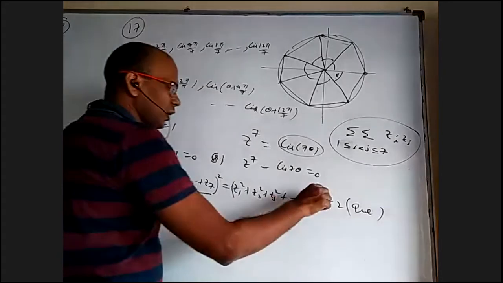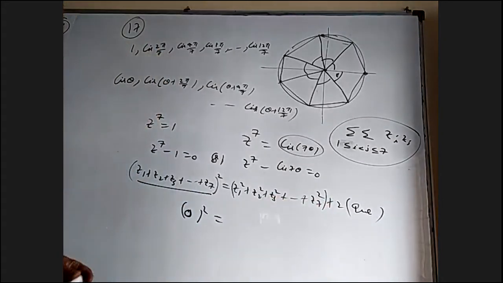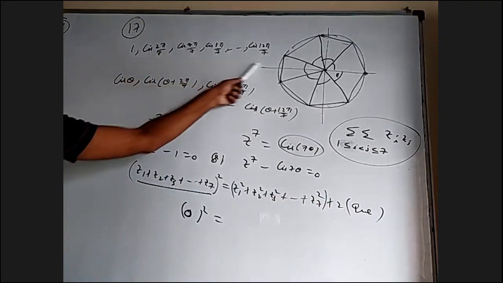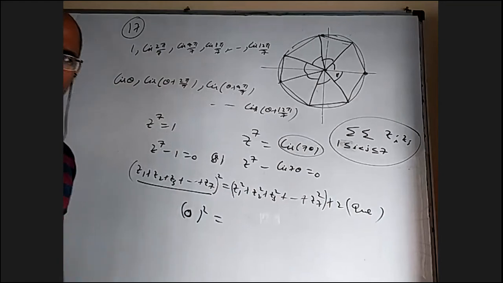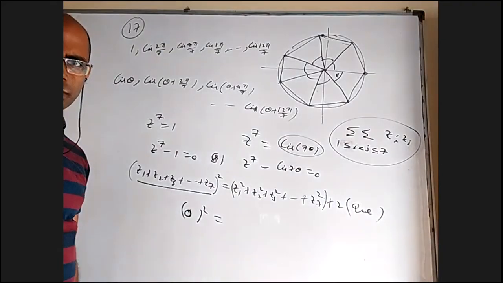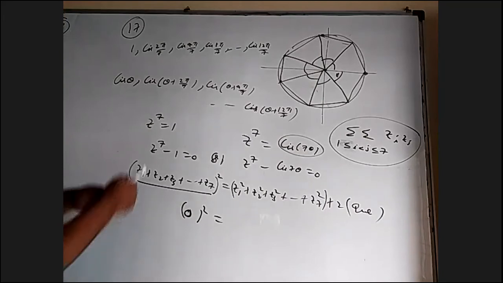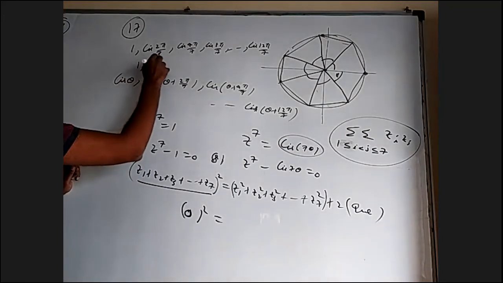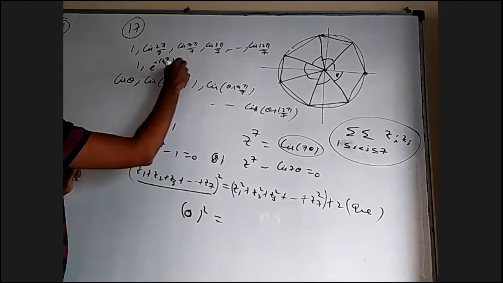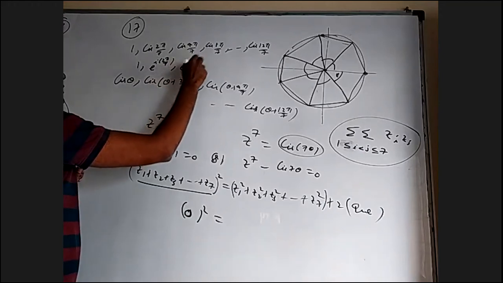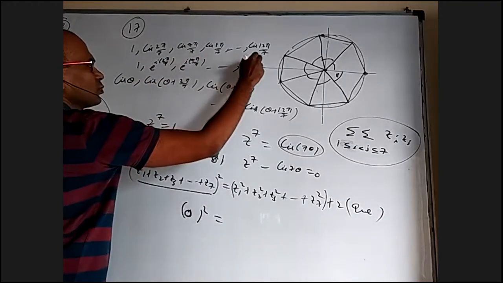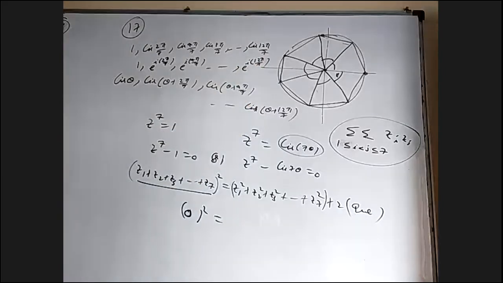Okay. How this sum is 0, I'll give you an idea. Actually, all these are in geometric progression. Am I right? If we take 1, e power i into 2 pi by 7, e power i into 4 pi by 7, so on up to e power i into 12 pi by 7.